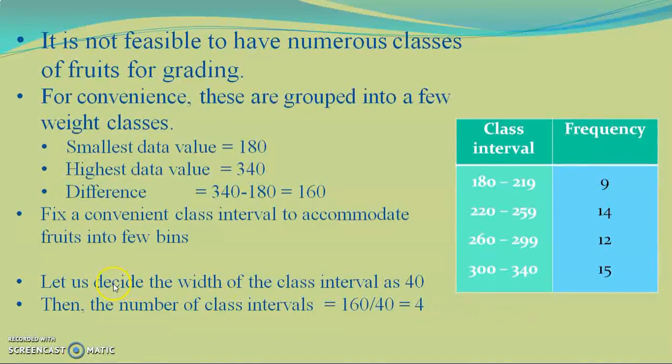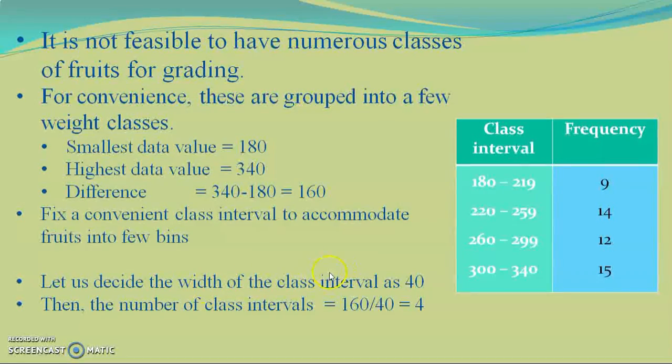So what is meant by the width? The width of the class interval is, for example, 40, then the number of class intervals will be 160 divided by 40, that is equal to 4. So where did we get that 40? 180 to 219, that is the class interval, that is 40.